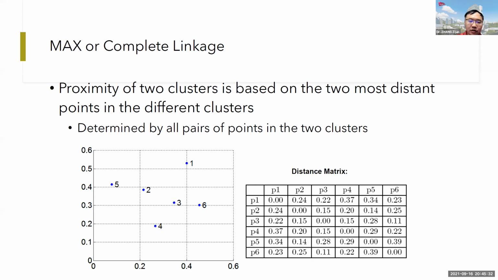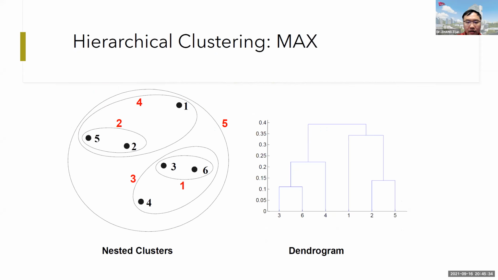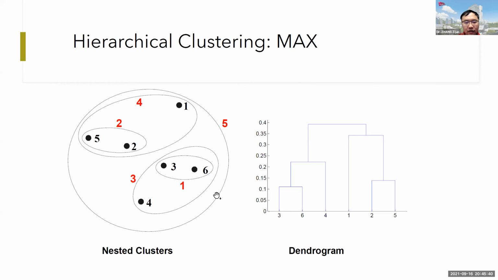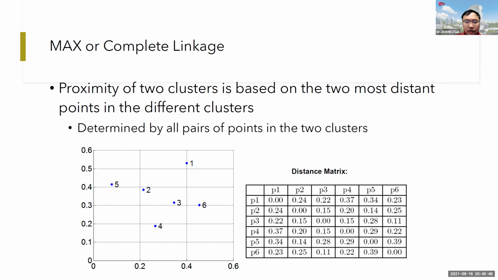You're still going to merge with the best proximity, right? So still 3 and 6, you merge together. Then you compute the farthest distance.